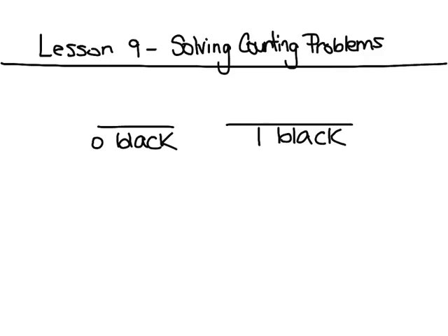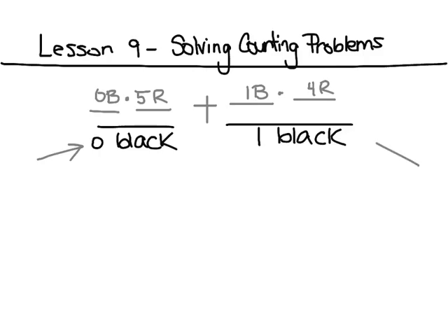So what that means is each of these are split into 2. We have 0 black and 5 red, or we have 1 black and 4 red. And because these are 2 different cases, we have to add these 2 together. The case where there's 0 blacks and the case where there is 1 black.